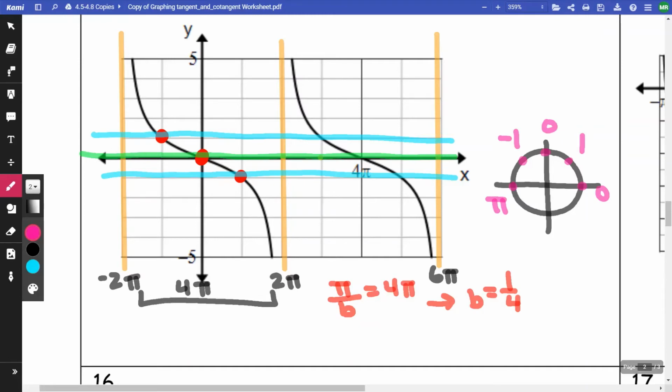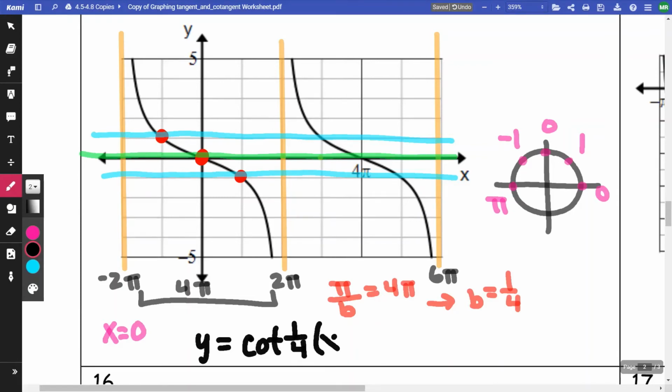Now, I should normally have had my asymptote at x equals 0. So that has been a shift of pi halves. So I shifted it backwards pi halves. So what I can do for this is my equation is going to be y equals cotangent of 1/4, that's going to be my b.